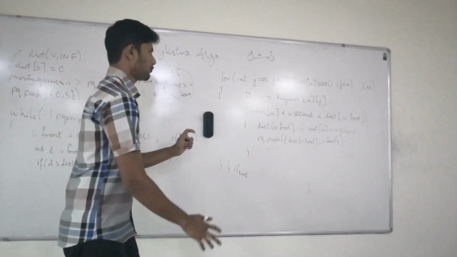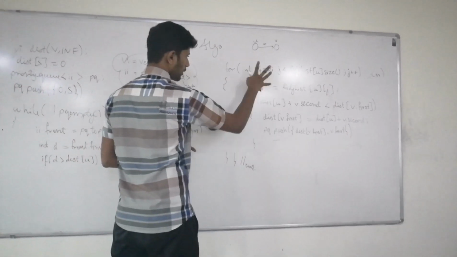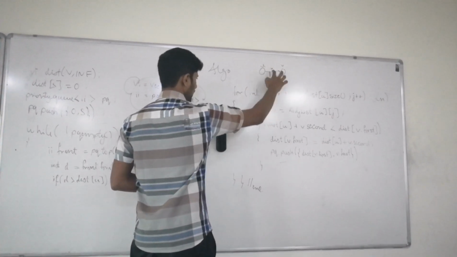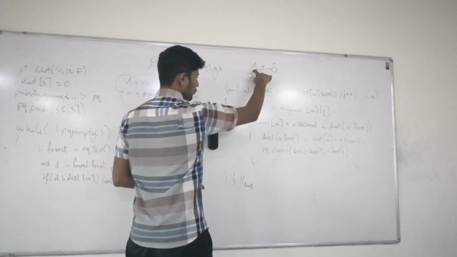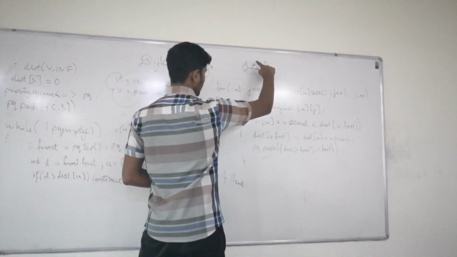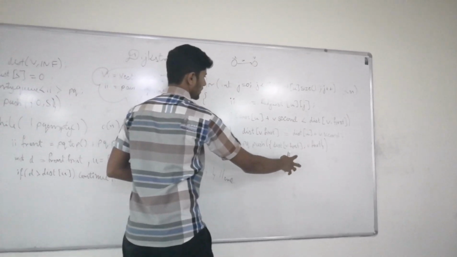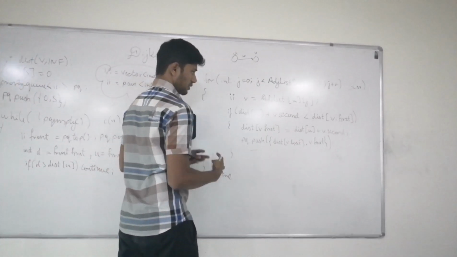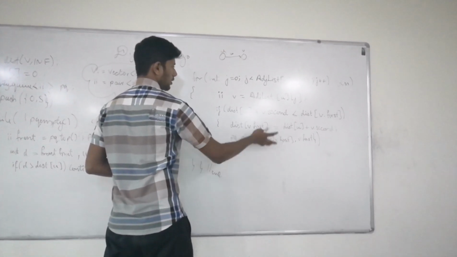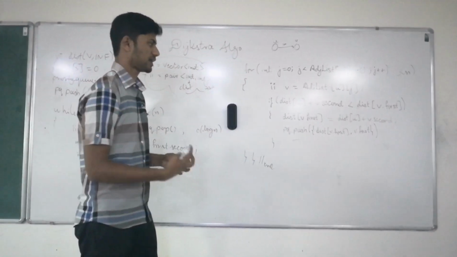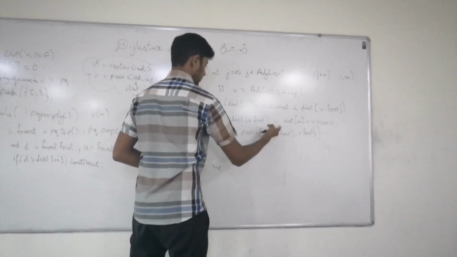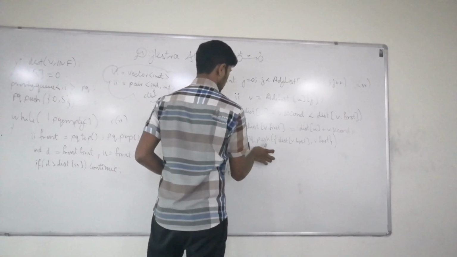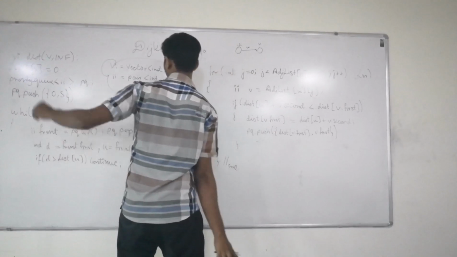Here you can see this will run for all the edges incident from u to v which has weight w. If distance of u plus this weight is less than distance of v, then it relaxes the edge. We update the distance of the vertex v, and then push this pair of distance and vertex to the priority queue.